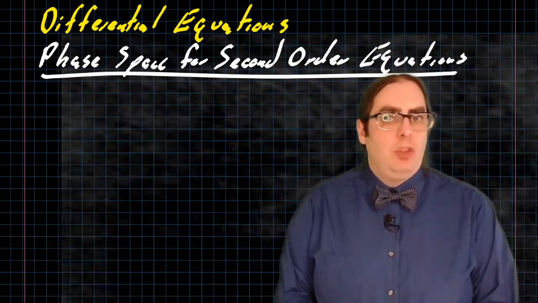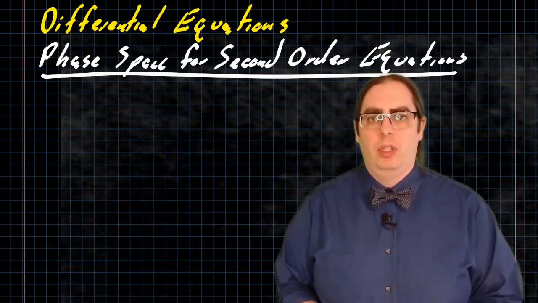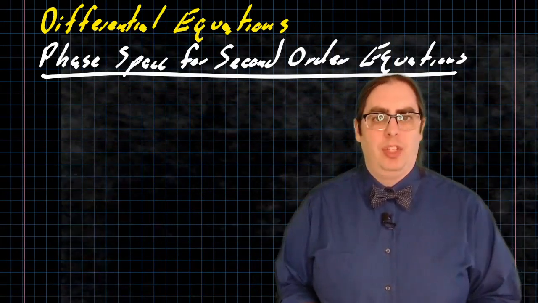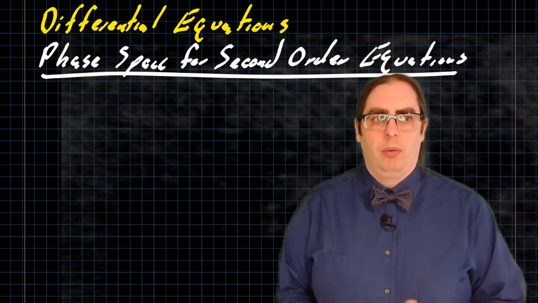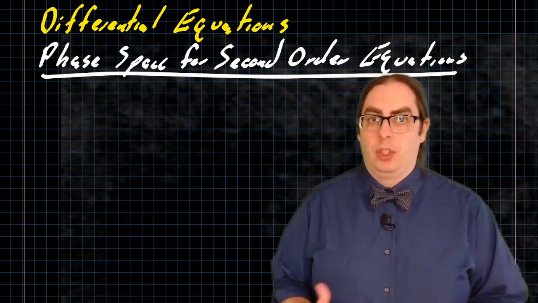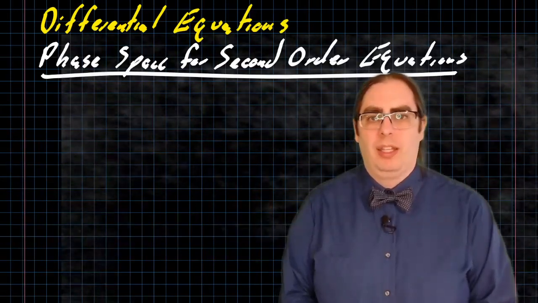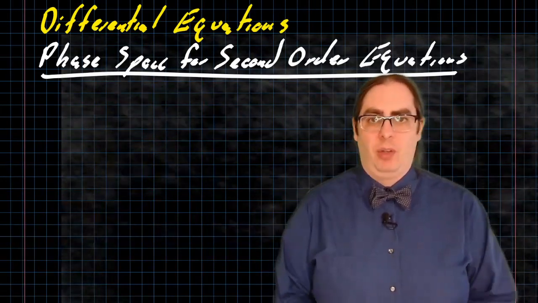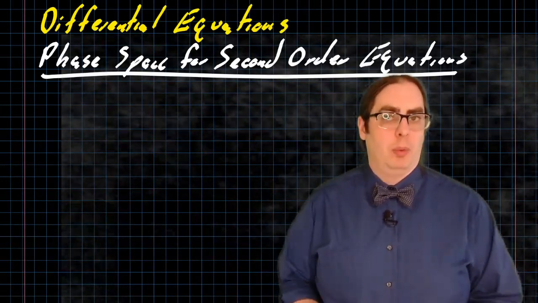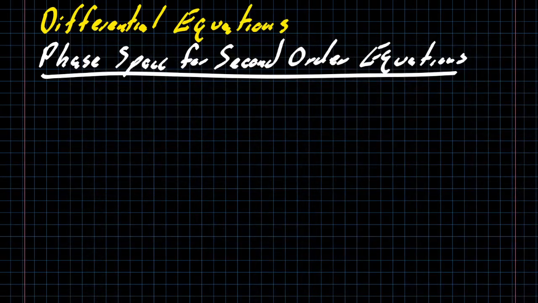The same ideas will hold for any other second order equations, applications in electric circuits, resistor, capacitor, inductor circuits, are going to give you very similar looking things, and trying to find an analog to position, velocity, and acceleration will help you interpret what's happening here. But let me get my head out of the way and show you exactly what I mean.